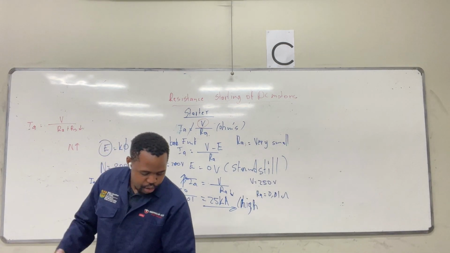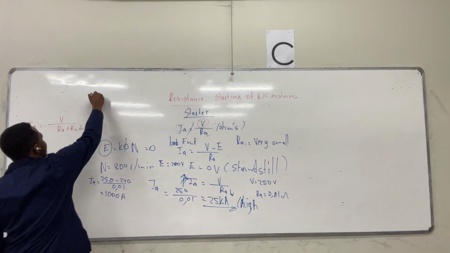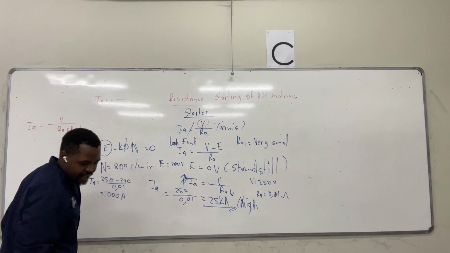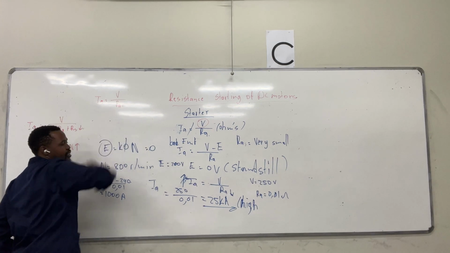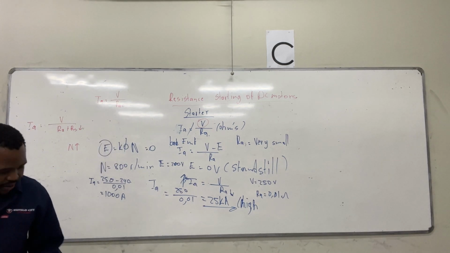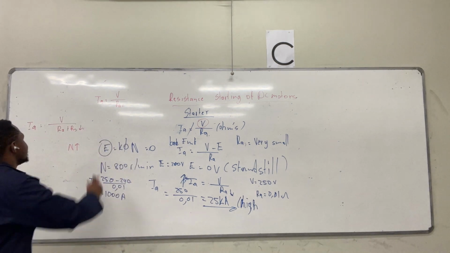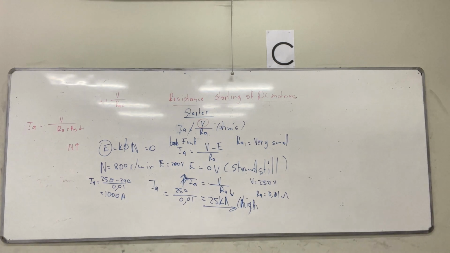Okay. So starting current is given by IA start equals V over RAC. Okay. See, that is page nansi le formula le.